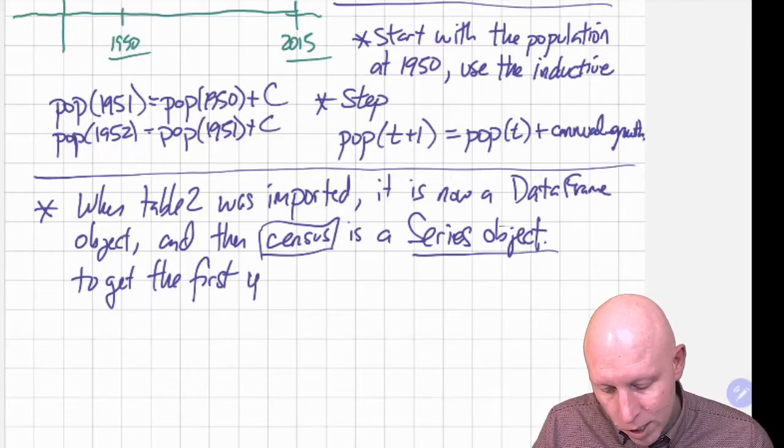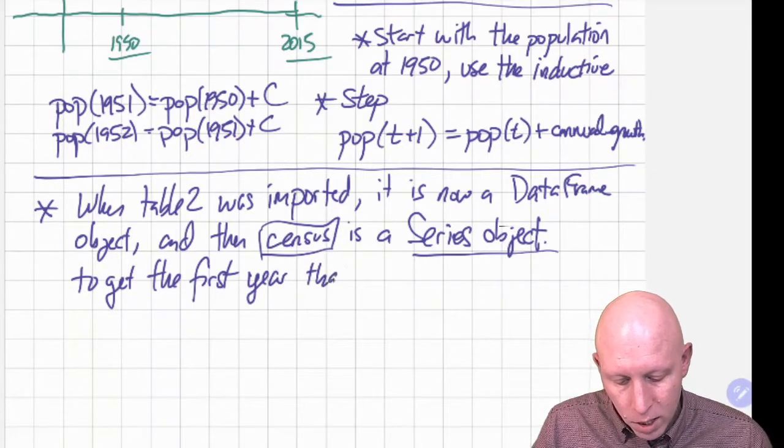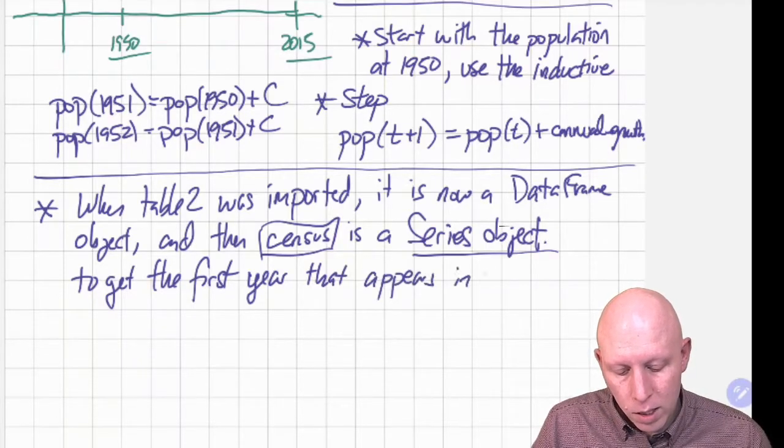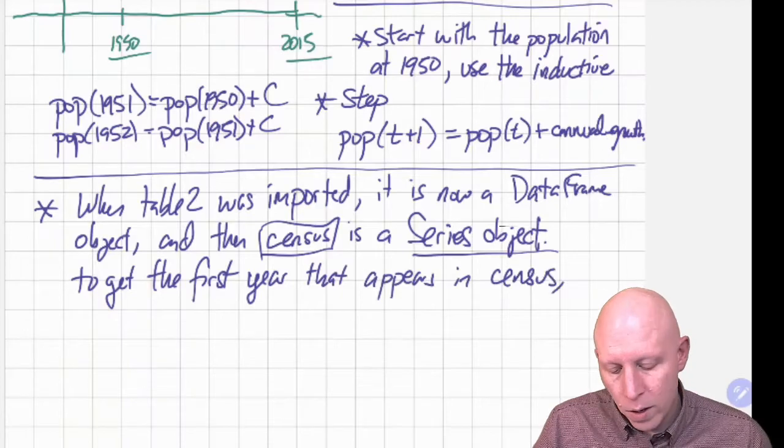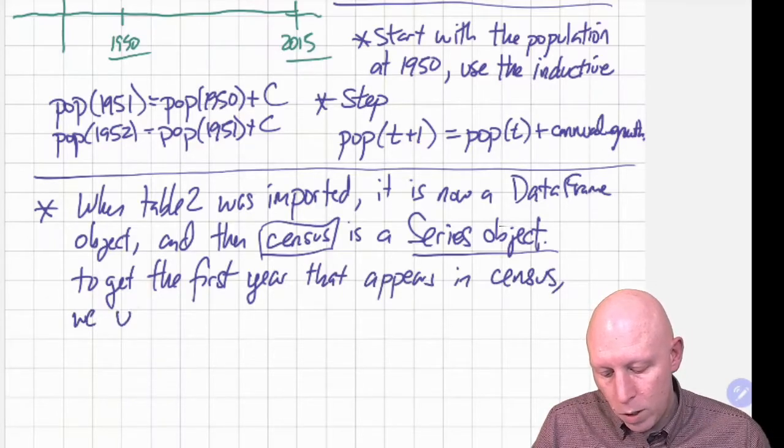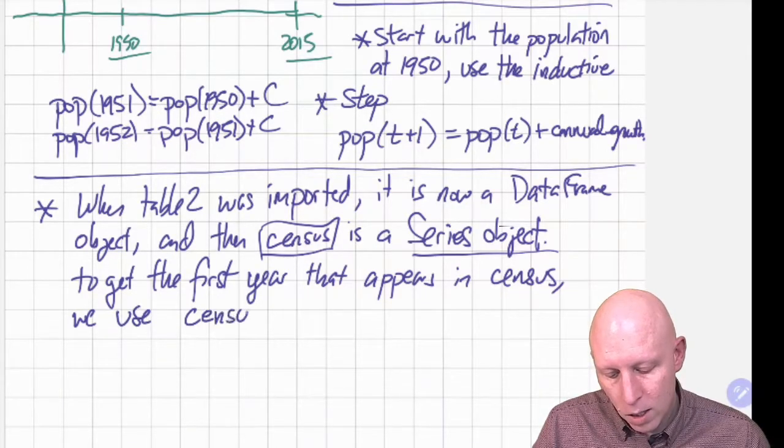To get the first year that appears in census, we use this way to do this. We write census dot index of 0.